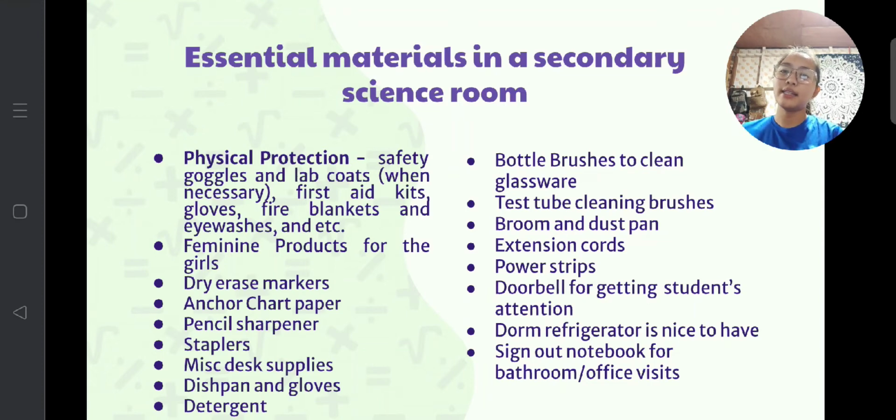And then next, a dorm refrigerator is nice to have. Then a sign-out notebook for bathroom and office visits.